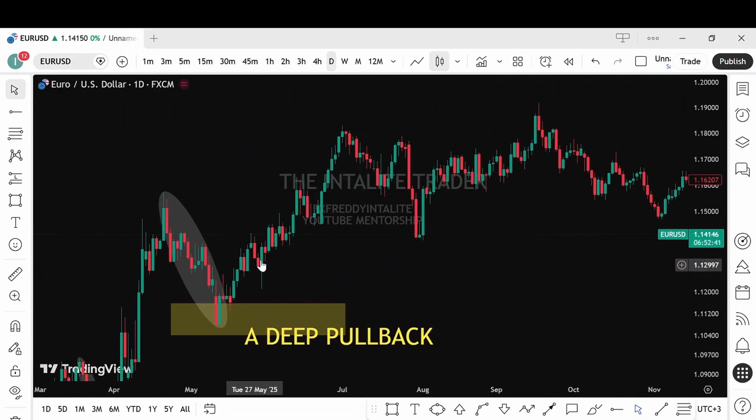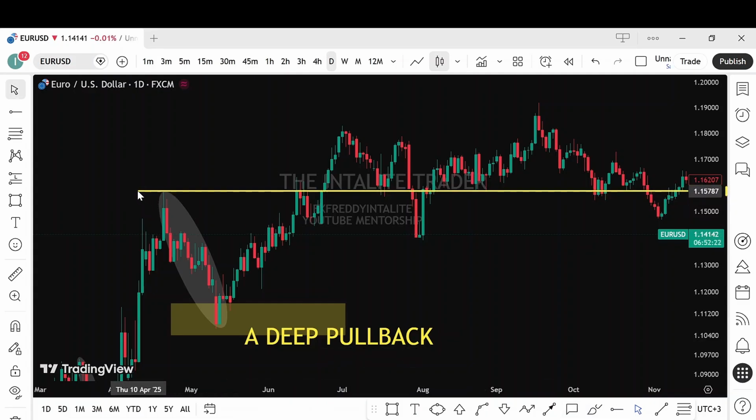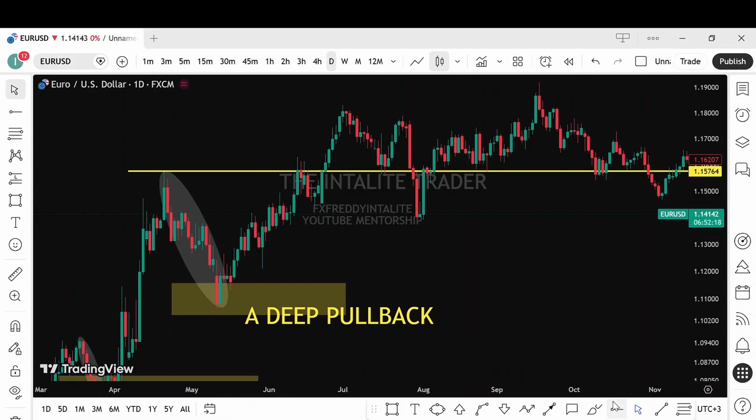The same thing applies to this move. We don't have any pullback here. This can be taken as a pullback, but it's not strong enough. Reason being, according to market structure, this move is still one. Are you seeing?